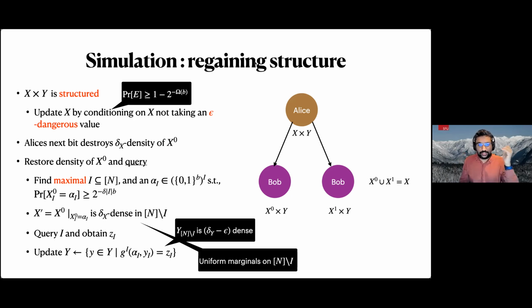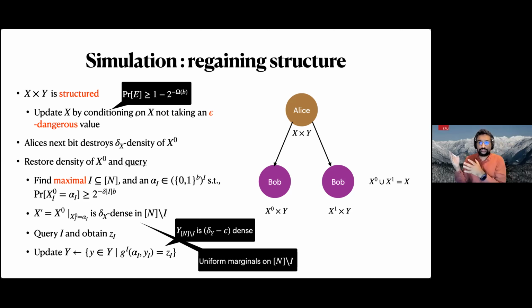But here we need to make sure that before we do any of that, we are not taking a value that is dangerous, so that later the conditioning won't either reveal more than I bits or destroy the density of y. So we take a structured rectangle XY, and before sampling the next bit, we first condition on X not taking an epsilon dangerous value.